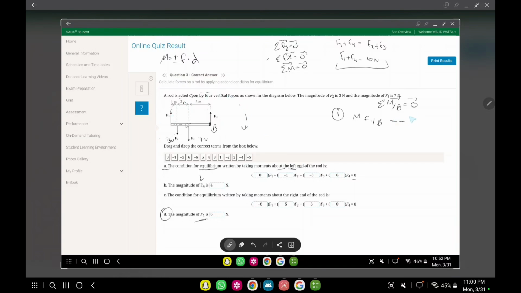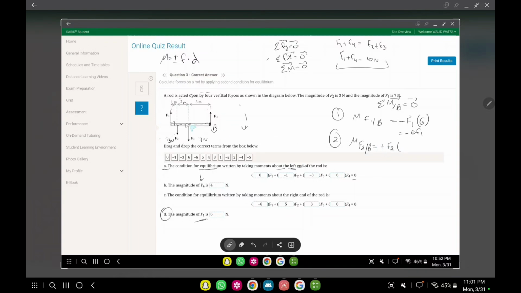The force F1 times the distance, as you can see here, it's perpendicular, so the distance is 1 plus 2 plus 3, 6 meters. So we can say minus 6 F1. Next, the moment of F2 around B is going to be going like this, so it's going to be counterclockwise. It's going to be positive.